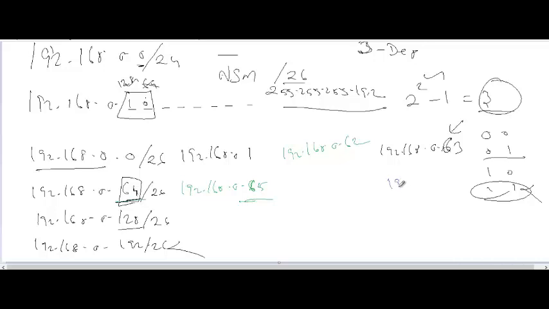Exactly. That's the broadcast. And then the last is 192.168.0.126. Likewise, here it is 192.168.0.129. And then the broadcast is .191. Then the last is 190.